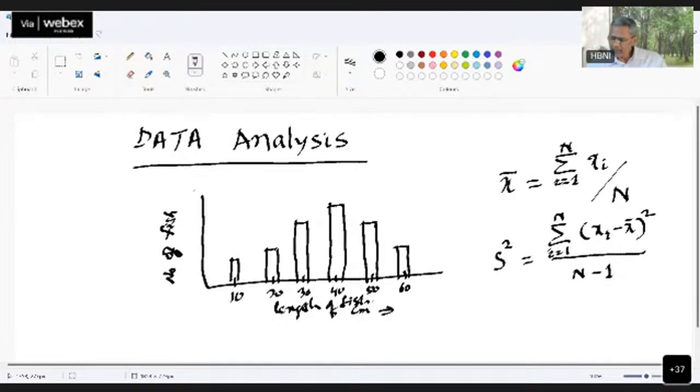Variance is defined by this, where you take x average from the past expression and put it here, and xi is each event, and you sum over that, and you get this.